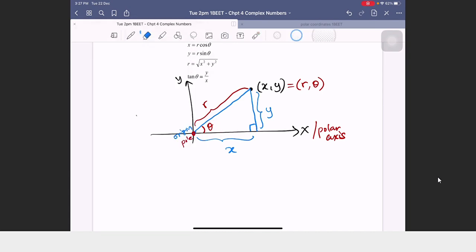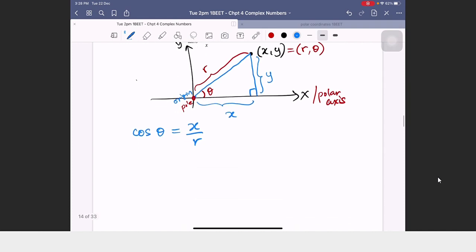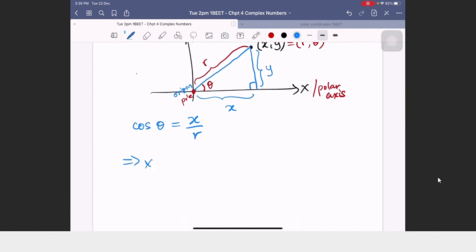Between x, r, and theta, x is our adjacent. So we can define cosine theta equals x over r. Therefore, x in terms of r is r cos theta.